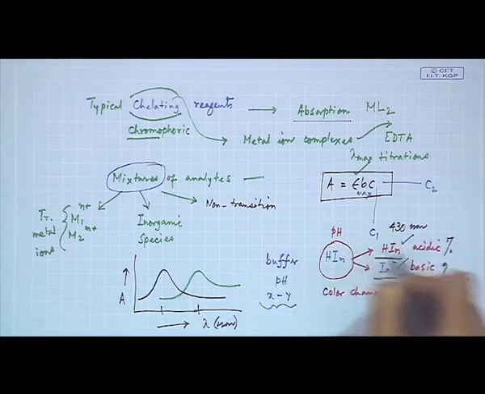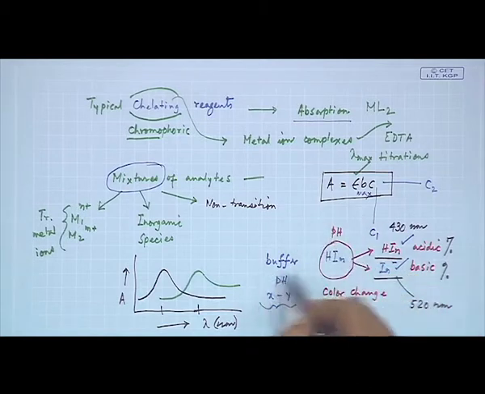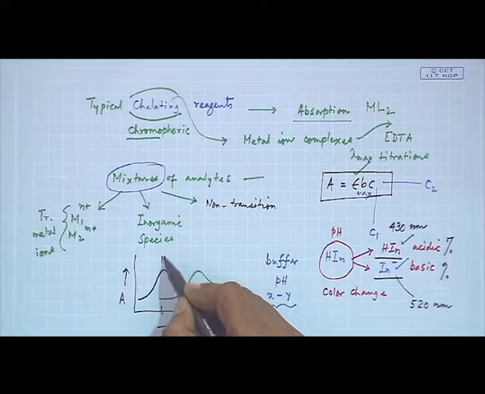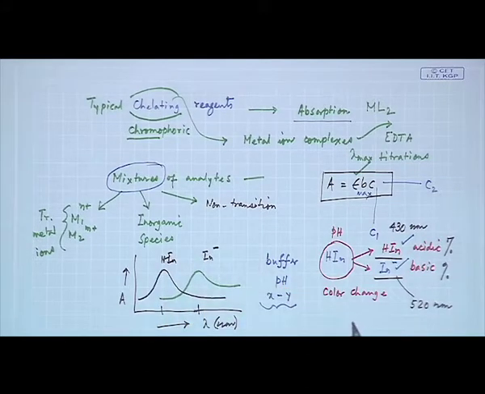If you make a solution of this particular indicator, the methyl red or methyl orange, at several pH values, say 5 or 10 pH values, all in buffered medium, and we keep on measuring from the acidic medium to the basic medium, what will you find? If this is for HIN and this is for IN minus, this particular band is decreasing and this particular band is developing.